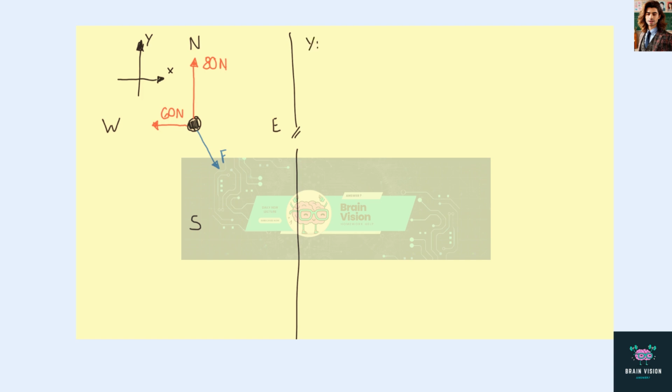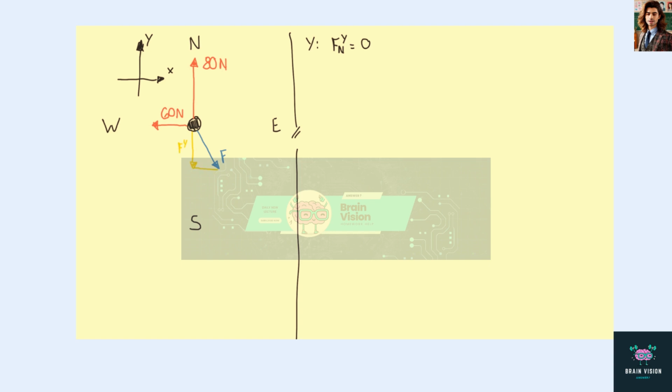In the y direction, we have the following. The net force in that direction must be equal to zero because the acceleration is equal to zero. Now, what is the net force in the y direction? Well, there are two forces: this 80 newton force and a portion of this force F. That portion is the y component of that force.